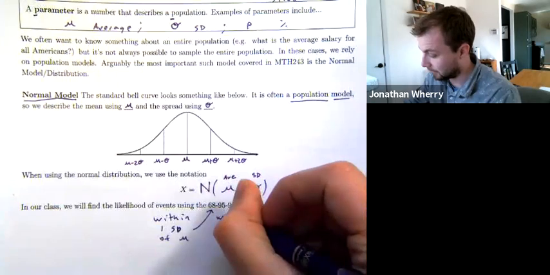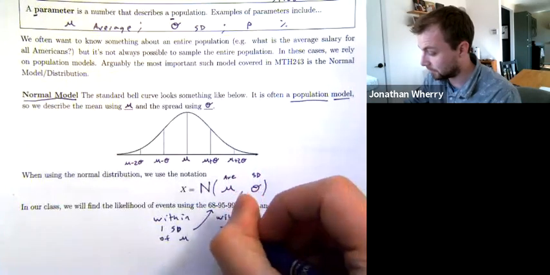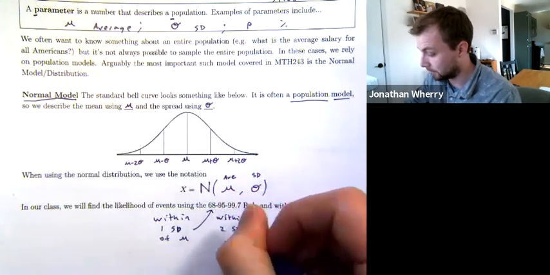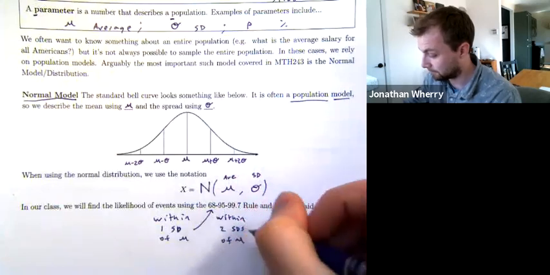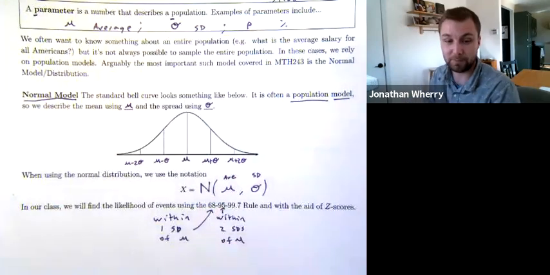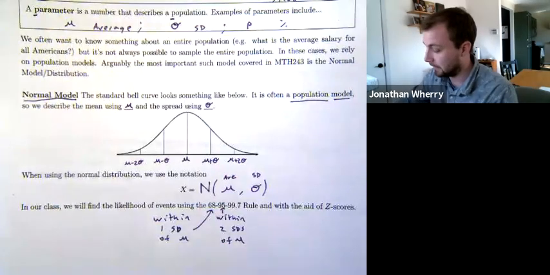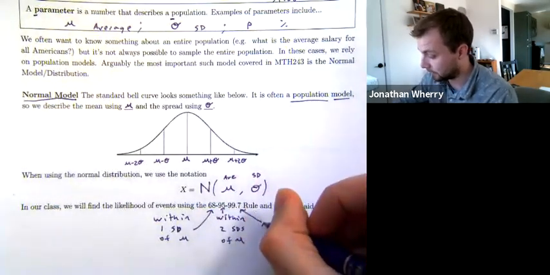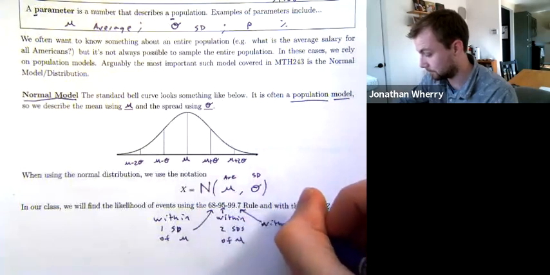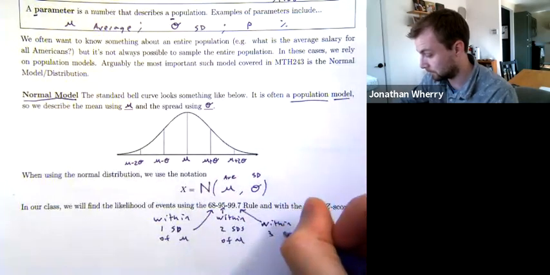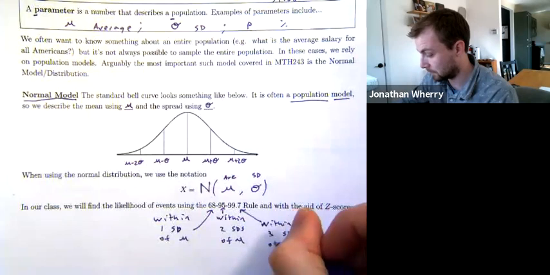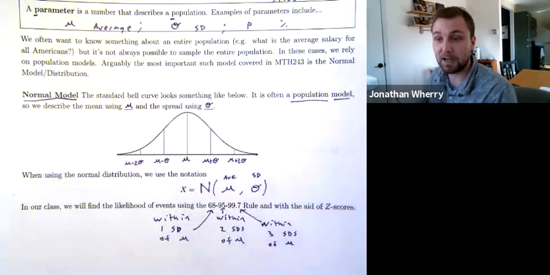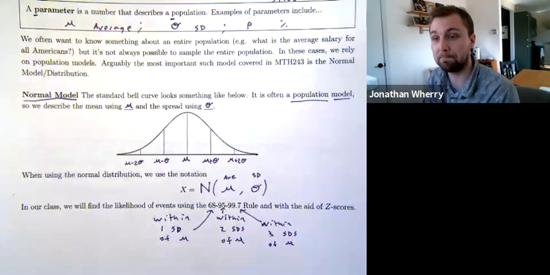If I am within 2 standard deviations of that center, I have about 95% of my area. And if I'm within 3 standard deviations of the center, I have about 99.7% of the area.